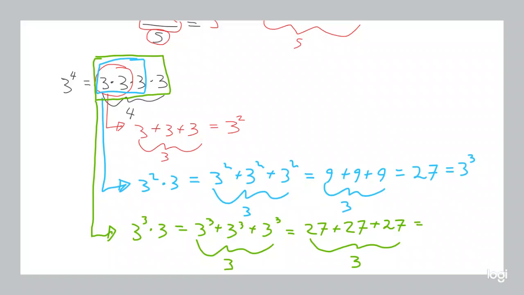And that will get you, sorry, 81. So, exponents are just multiplication, and that multiplication you could just break down into addition.